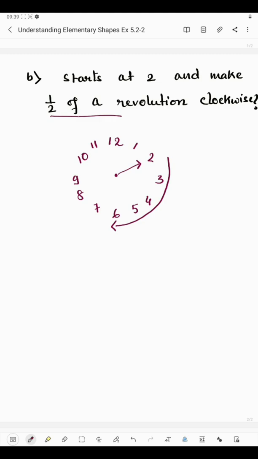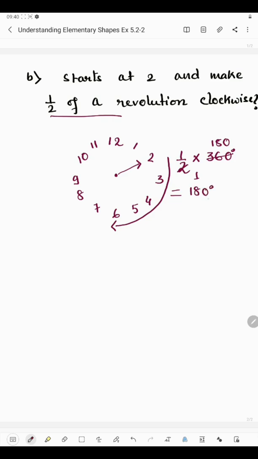Now in the previous sum, to find the part of a revolution we divided. Here the part of a revolution is given and we need to find the degrees, so we have to multiply. So half of a revolution means half of 360 degrees, because a complete revolution is 360 degrees. So 2 ones are 2, 2 18s are 36 and 1 zero, so it's 180 degrees.